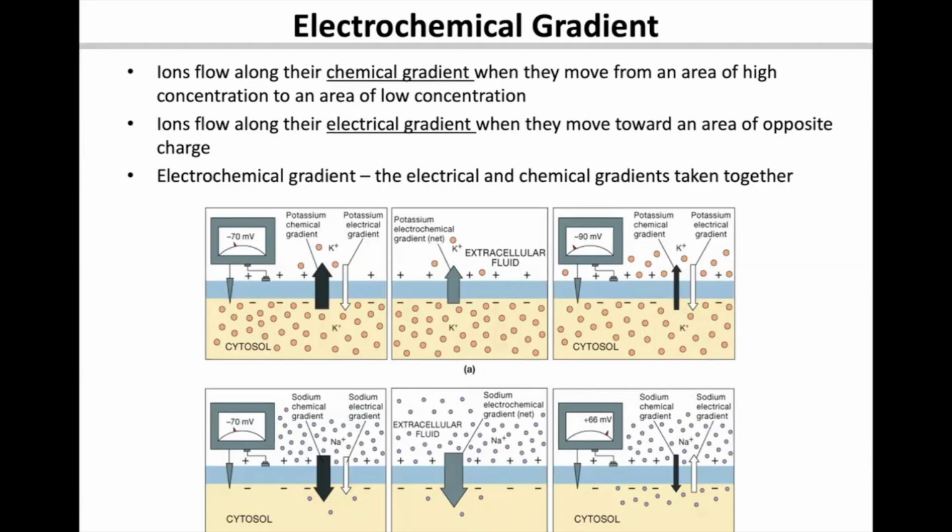But for our current part, we need to understand one basic piece of information: potassium always has a tendency to move from inside of the cell to the outside, and sodium always has a tendency to move from outside to inside because of these gradients.